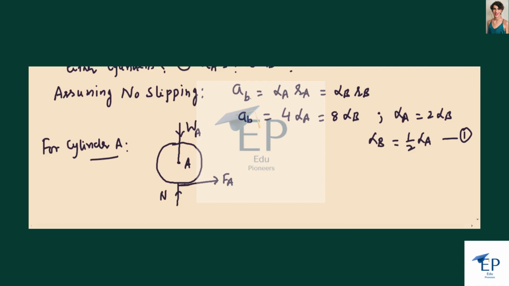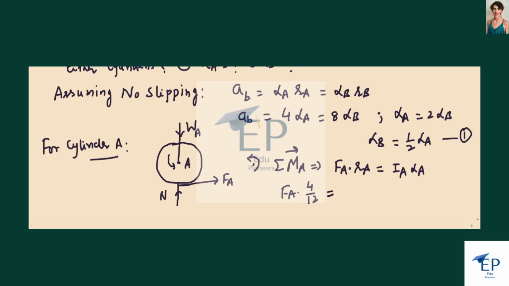So if we find moment by considering anti-clockwise to be positive, Fa into Ra to be IA into alpha A. Ra is given 4 inch, so 4 by 12 feet.